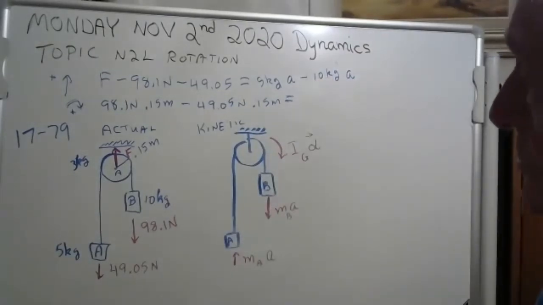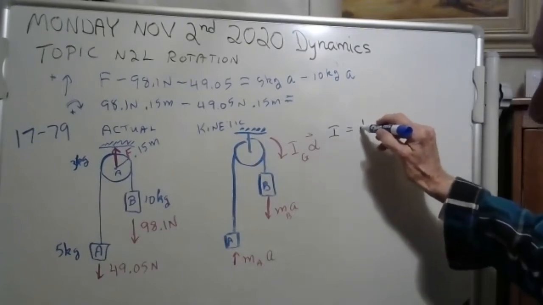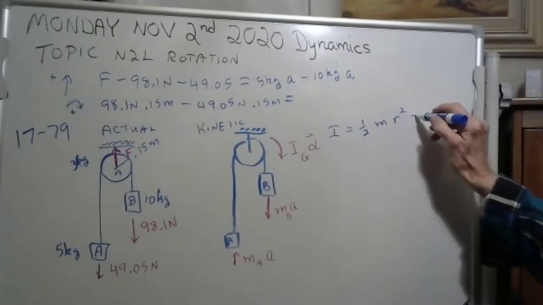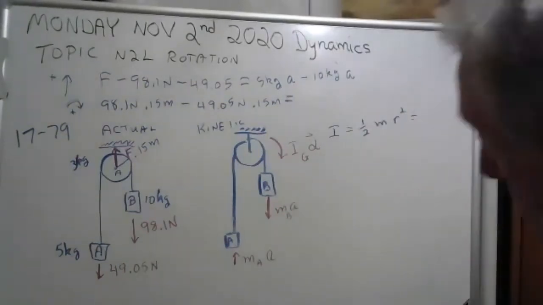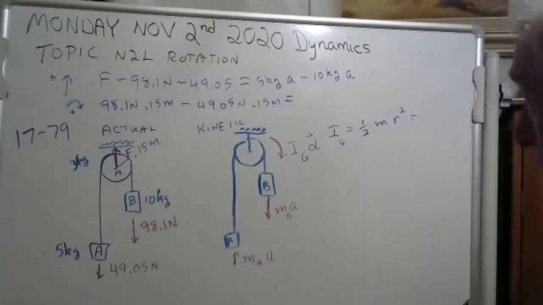the moment of inertia. Did we ever get the moment of inertia? I forget. The equation goes like this: 1/2 m r squared. I don't think we did it.